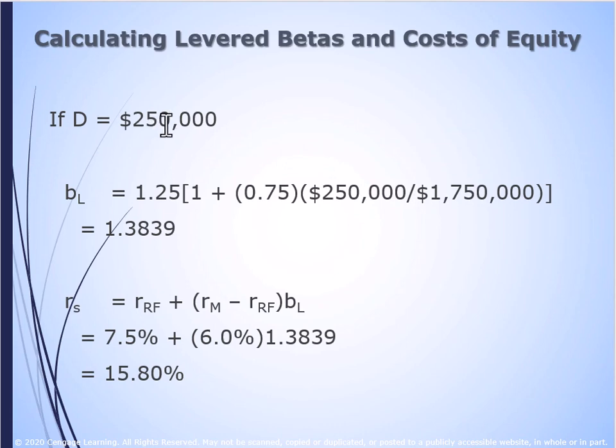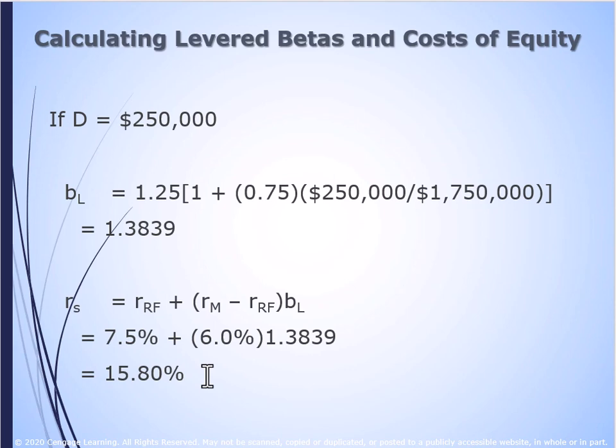We're borrowing 250. There was 2 million before, so now 1750 is what is in equity. So the new beta of this company would be 1.38. If you plug that into our security market line formula, we're going to have a new cost of equity of 15.8%.